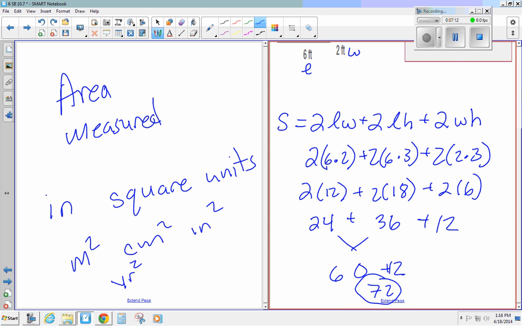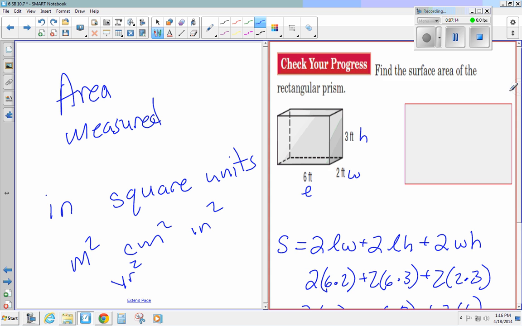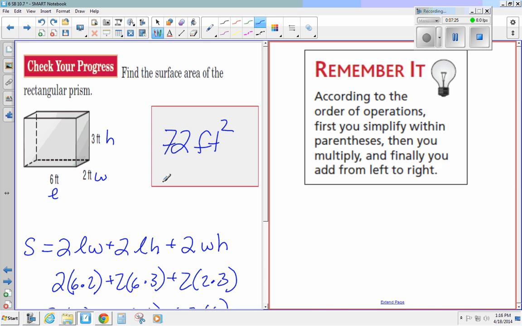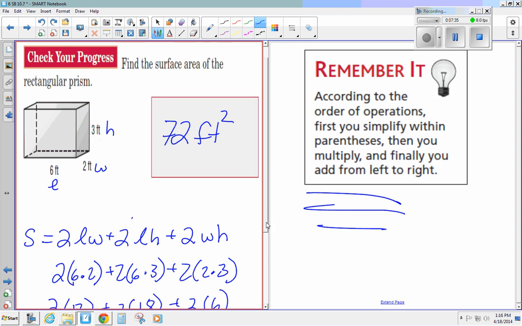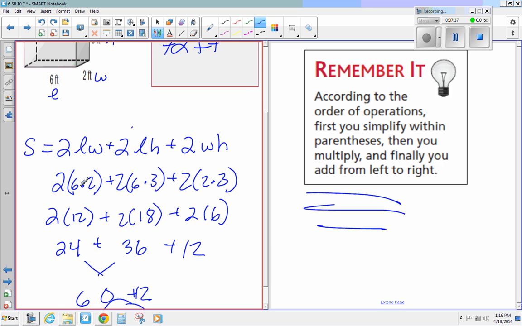So all of that tells us the surface area is 72 square feet. According to the order of operations, first you simplify within parentheses, then multiply, and finally add from left to right. Please remember this order of operations. It's what we just did right here.